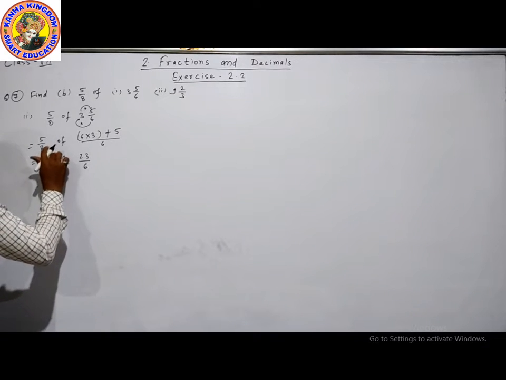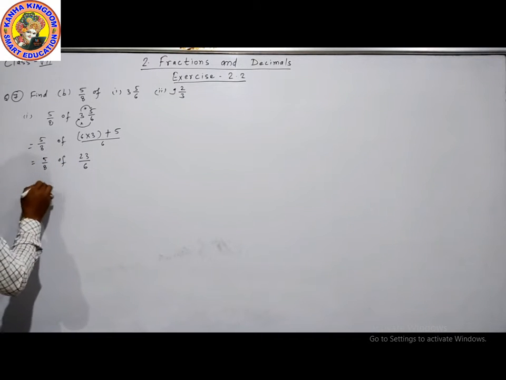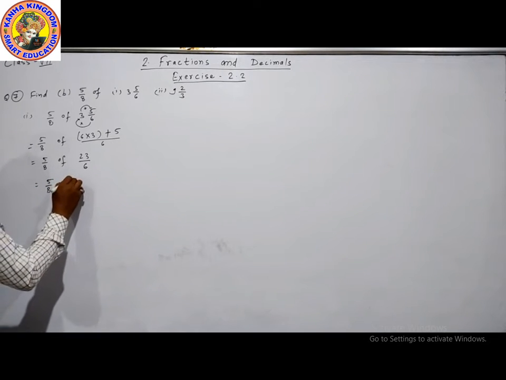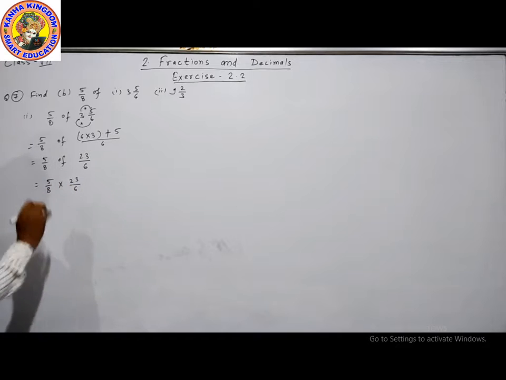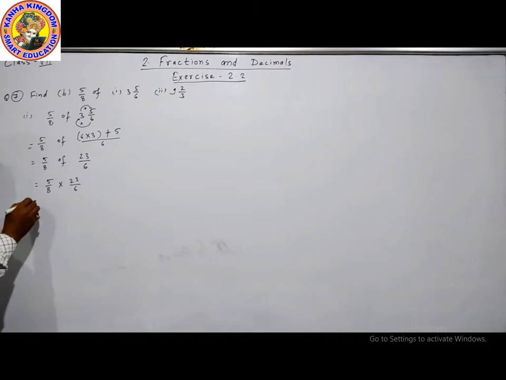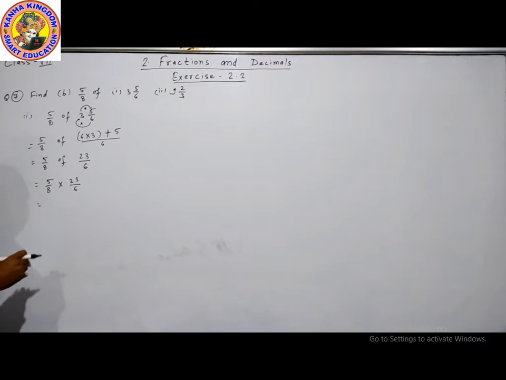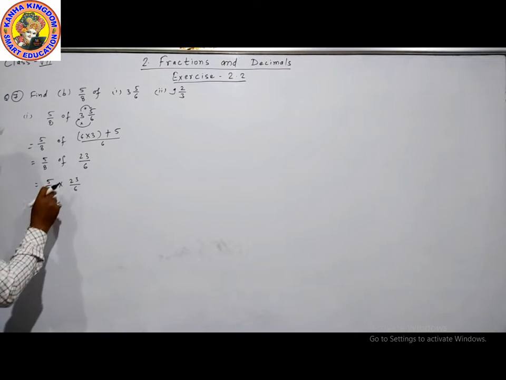Then the "of" will be replaced by a multiply sign. 5 by 8 multiply 23 upon 6. Now when we multiply, the numerator and denominator will be multiplied separately.